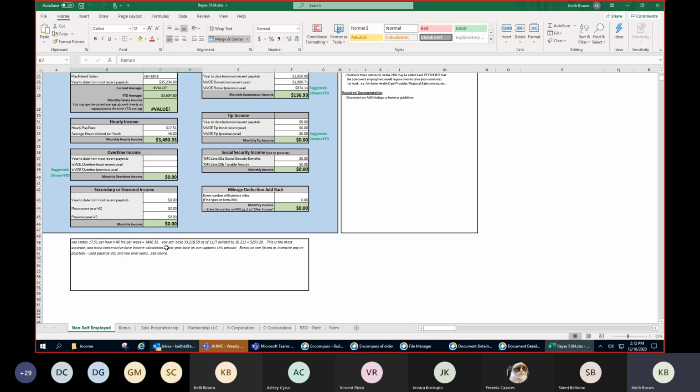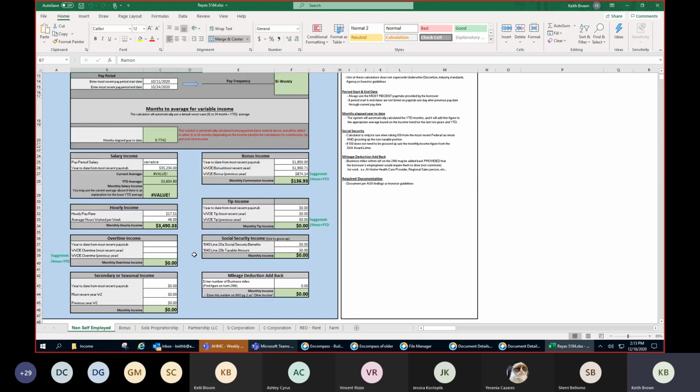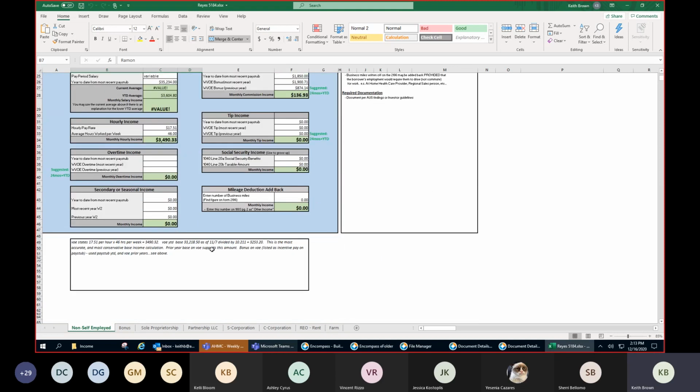But just as a comparison, per the VOE, as of 11/7, and that's 10.211 months, is 3253.20 was his VOE base. Okay? All right? Now, because his year-to-date VOE was at a later date, 11/7, than his pay stub year-to-date was as of 10/24, I ran with the 11/7.